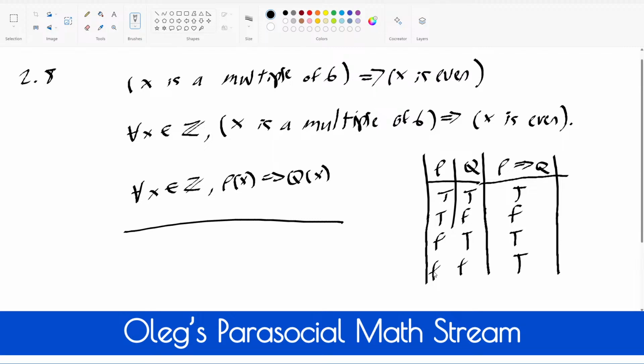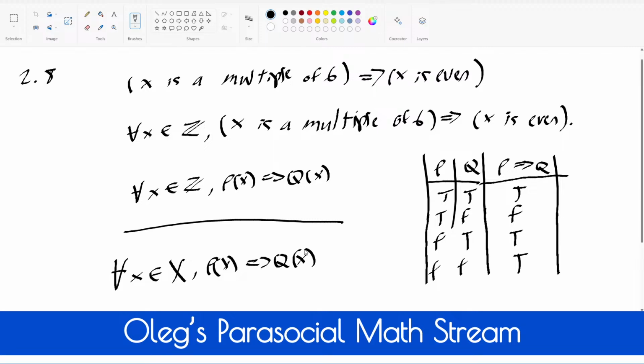All right, here we go. Now, we come to a very important point in mathematics. Whenever P of x and Q of x are open sentences concerning an element x in some set X, depending on context, an expression of the form P of x implies Q of x is understood to mean the statement: for all x elements of the set X, P of x implies Q of x.